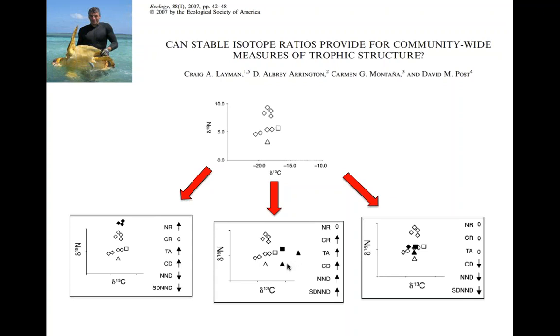You get this new resource coming into the food web, and what effect does that have at a food web level? So it doesn't make any difference in the nitrogen, because you don't have a new top consumer or a new lower primary producer coming in. But it'll increase the carbon range, it'll increase the convex hull, or the TA, it'll increase the centroid distance.